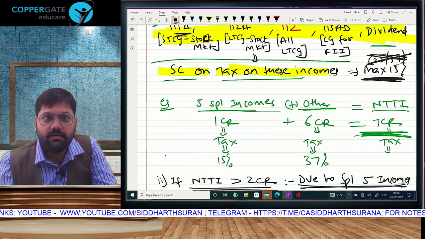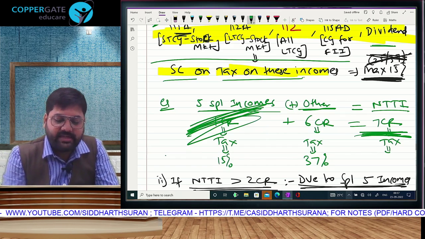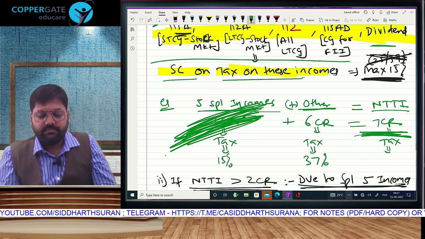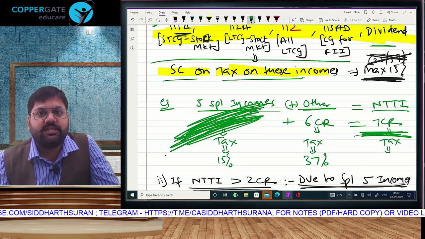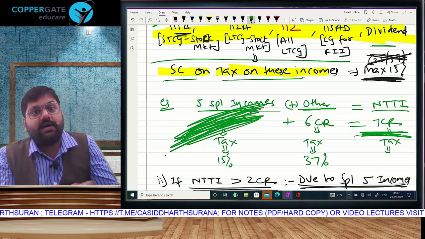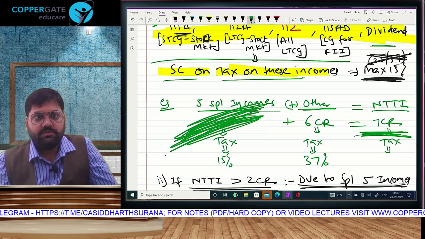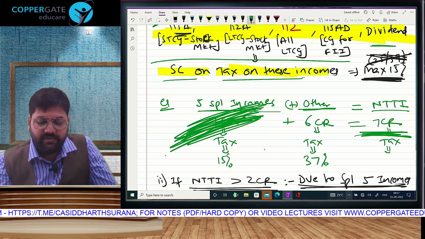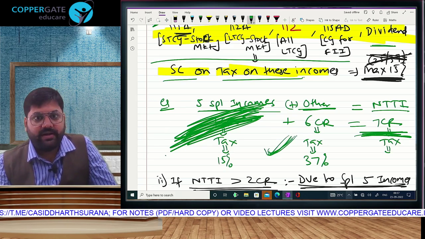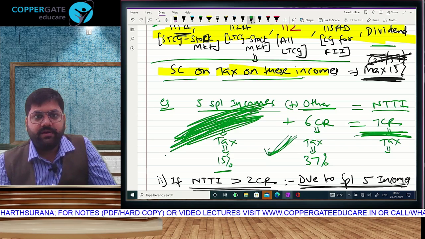You don't cancel, just cancel in imagination. Cancel the special incomes. So the other income alone, is it crossing 2 crores? Then this will be liable for 25 and 37. But here it will be only 15.